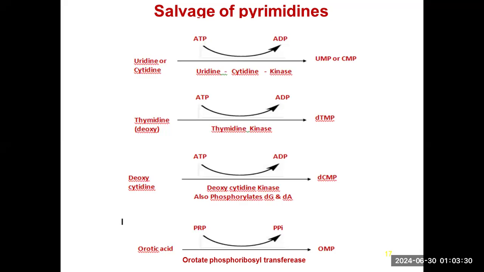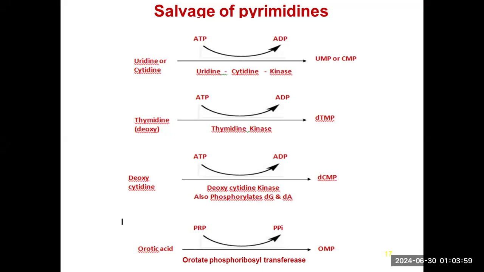Orotic acid, which is the first pyrimidine base which is formed, combines with phosphoribosyl pyrophosphate and makes OMP, that is orotate monophosphate, by the action of the enzyme orotate phosphoribosyl transferase. This is the first reaction: orotic acid makes the OMP.